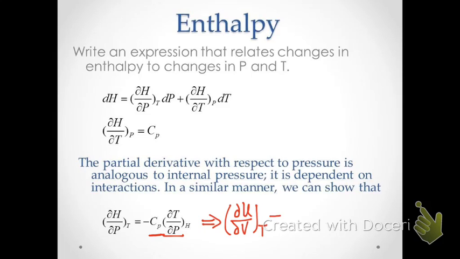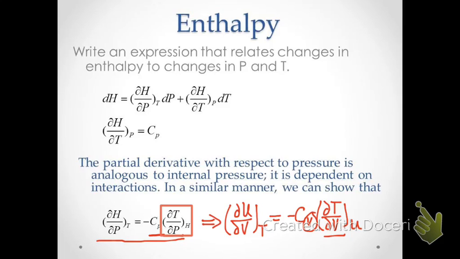Again, this is analogous to what we derived for the internal pressure, dU/dV at constant T, where we had the constant volume heat capacity and the derivative with respect to volume. You'll see that there is a very straightforward connection between these two, and the derivation of the equation for enthalpy is done in a very similar manner to that for the internal pressure. So go back to the previous slide and prove to yourself that this is indeed correct. The point here is that this derivative, the temperature with respect to pressure, is something that we can measure in the lab.